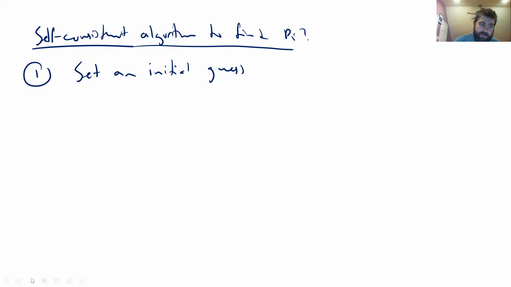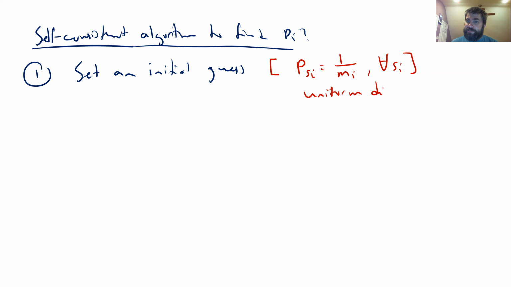The most straightforward choice, and least likely to give us a bias, is to set P_Si equal to 1 over M_i for all Si. What does this do? This means that we're choosing a uniform distribution. All rotamers have the same probability at every position to start.